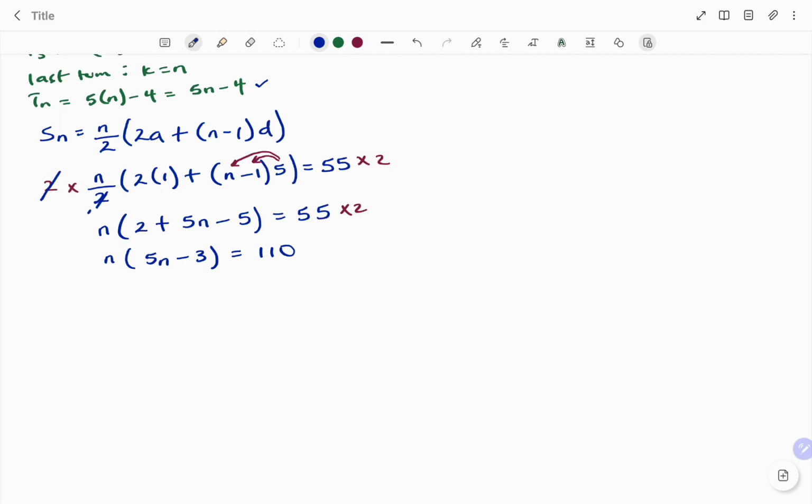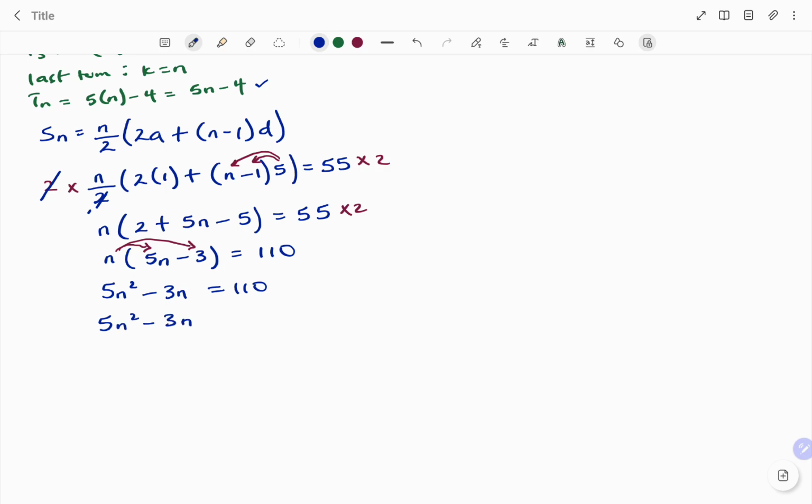Expanding and simplifying, I multiply n by all the terms in the bracket. So we have n times 5n, that's 5n squared, minus 3 times n, that's minus 3n, equals 110. I'm going to turn that into a quadratic equation by moving all my terms to one side.